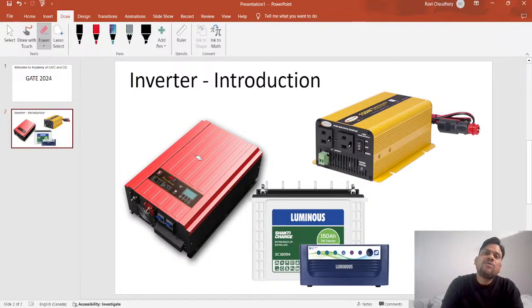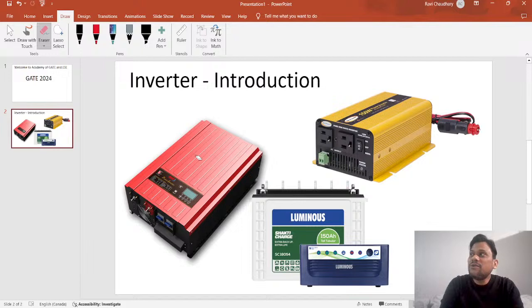We have high-capacity batteries, and that stored DC we have to convert into an AC signal to operate AC loads, because generally we have AC type of loads. Clear?